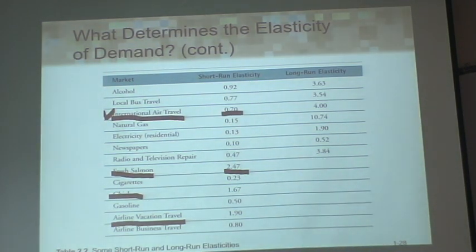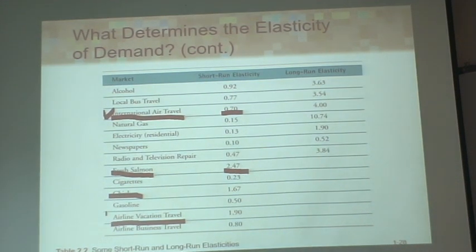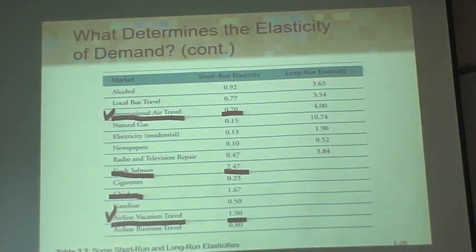It is elastic. First of all, it's expensive, right? And you don't necessarily need to have airline vacation travel. You can just drive, right? Especially American people. Okay, let's move on.